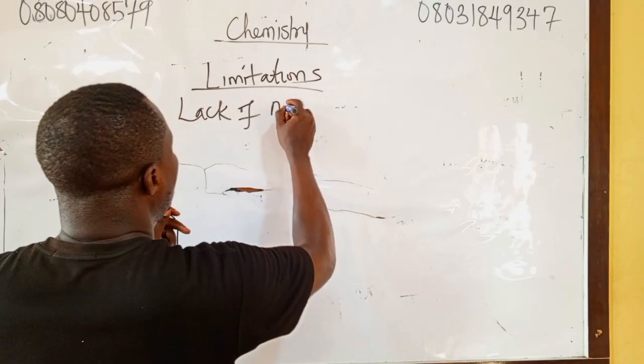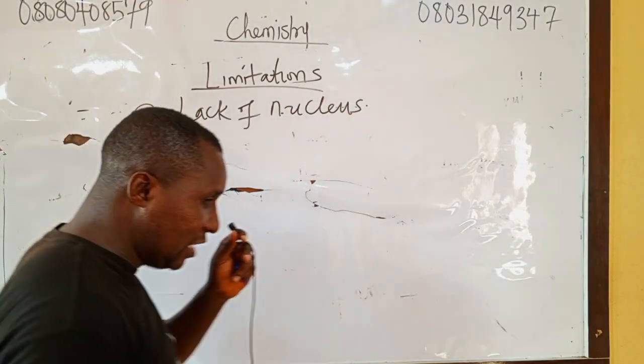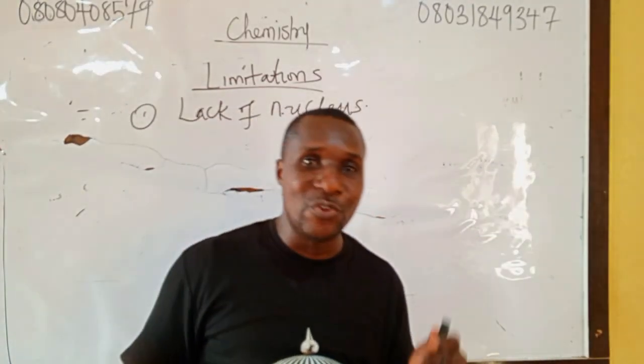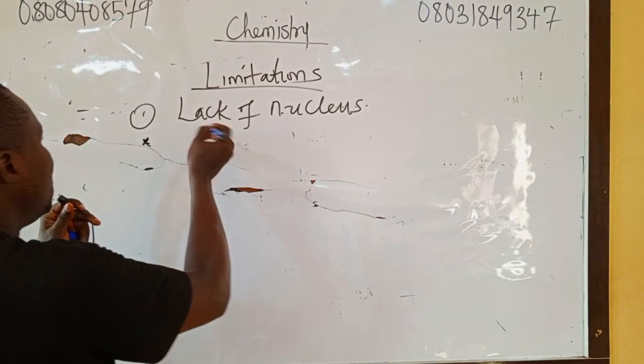Lack of what? Nucleus. That means he didn't explain that the atom has a nucleus. That means J.J. Thompson's atom has no nucleus.